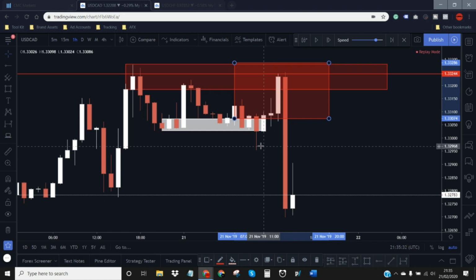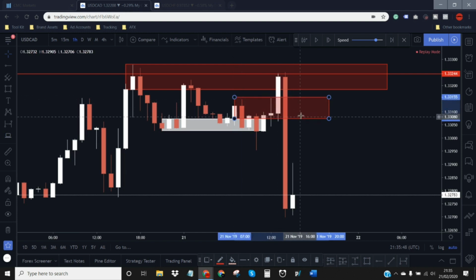If you thought that the market had enough momentum that it may not even make it to the birth of the zone, just to the origin of the zone, you may want to encapsulate the two. You may have to decrease your position size depending on how big that zone is, but that's just an idea if those two zones are really close together.